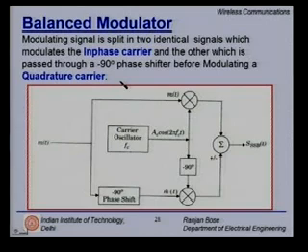How does the block diagram look? You have a message, you take the same message, here m(t), and then in the next leg you have a minus 90-degree phase shift, you have this m hat(t). On the other hand, you have the carrier A_c cos 2 pi f_c t, pass it through a minus 90-degree phase shifter to get the quadrature component on this side and in-phase component on this side, multiply, add, and you get the single sideband.